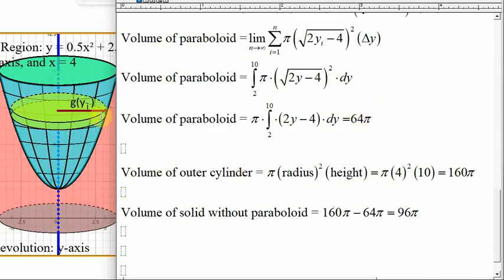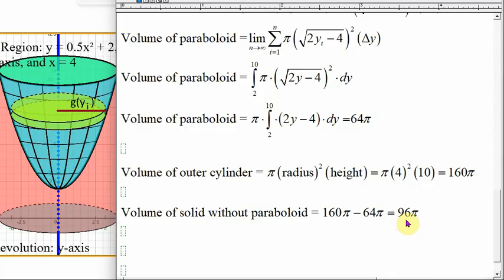Now the volume of the cylinder outside, the height is 10, the radius is 4. So the volume of the outer cylinder would be pi times radius squared times height, which is 160 pi. And so the volume of the solid without the paraboloid would be 160 pi minus 64 pi, which is 96 pi.